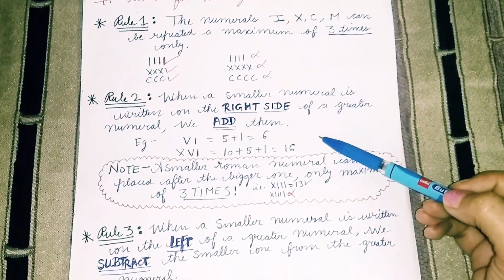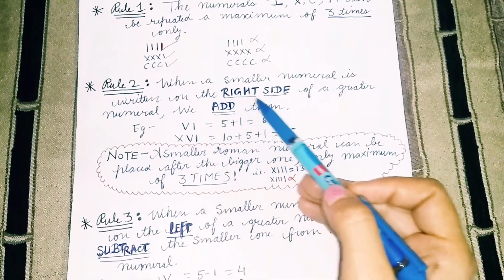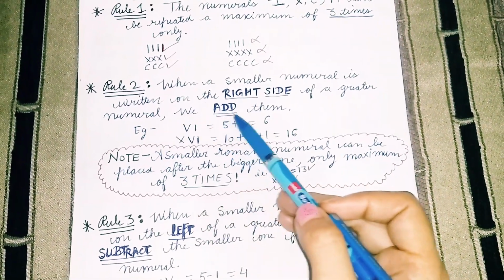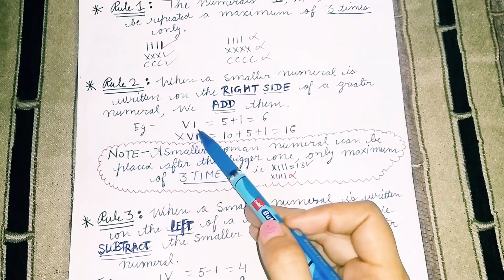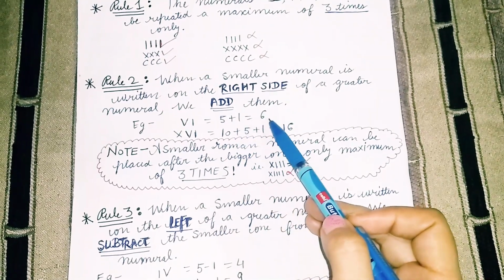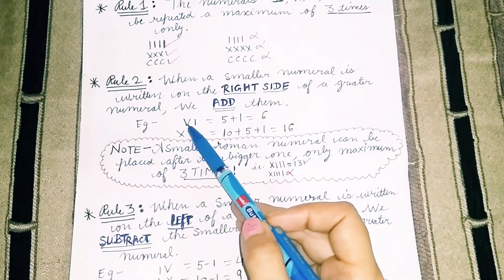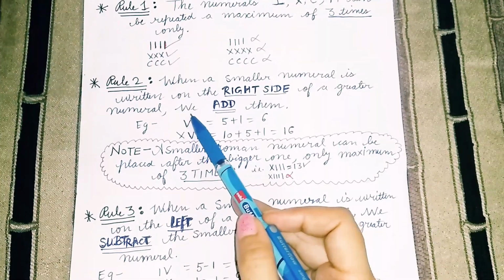Now rule 2. When a smaller numeral is written on the right side of a greater numeral, we add them. For example, VI is equal to 5 plus 1 is equal to 6. Now children, you can see what is the value of numeral V in Hindu Arabic numeral. It is 5.